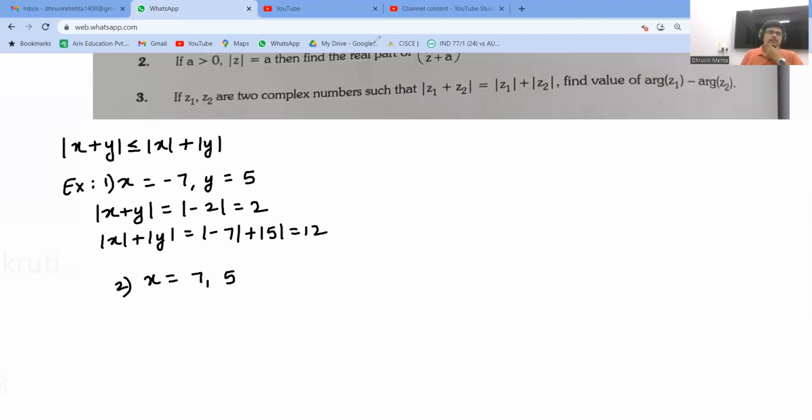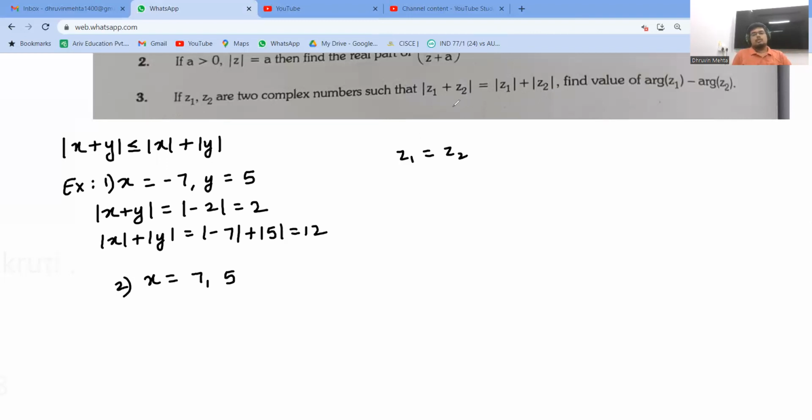In complex numbers, z1 and z2 do not have such a sign. z1 and z2 are not just numbers, they have i also attached with them, right? So we never say z1 is positive, z2 is negative. In complex numbers, this property will be true only when z1 is equal to z2.